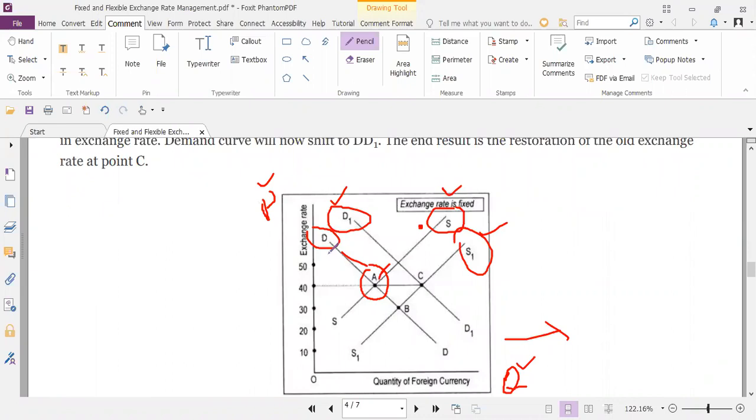DD is the old demand curve, and this S1 is the new supply curve. These both are intersecting at point B here.